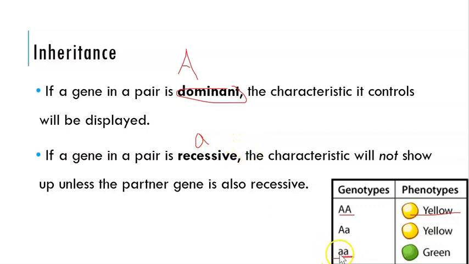Because we have two recessive, it's going to be green. Now you need to know what happens with this genotype here, which is big A, little a: a combination of one dominant gene and one recessive gene. Because you have a dominant gene, it is going to cancel out the recessive and make your phenotype the dominant phenotype. So in this case, yellow.